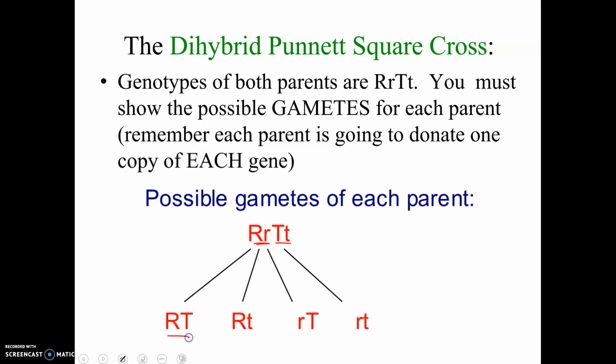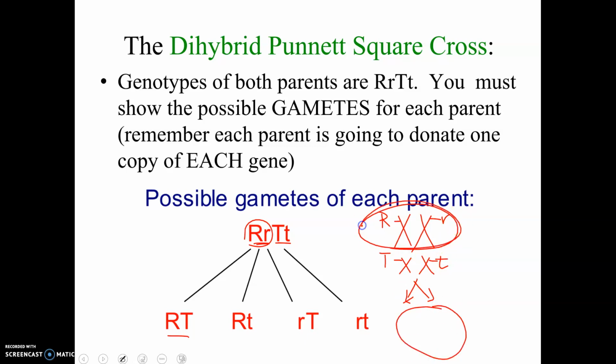Now, why do I have 2 letters here? Again, because when these chromosomes line up in meiosis, this one carries R, and this one carries little r, and this one carries T, and this carries little t. Isn't it true that after meiosis 1 happens, it's only going to get one of these 2 and one of these 2? And it's completely random which one it could be.